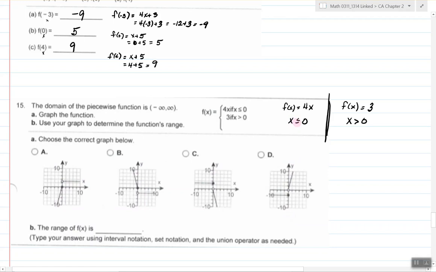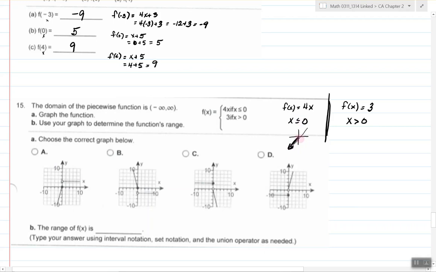When x is less than or equal to 0, it is supposed to be the line y equals 4x. Now, y equals 4x has a positive slope, and if I could graph it over the whole domain, it is an increasing line. It is increasing, increasing. But this is only the picture when x is less than 0. So only this part.